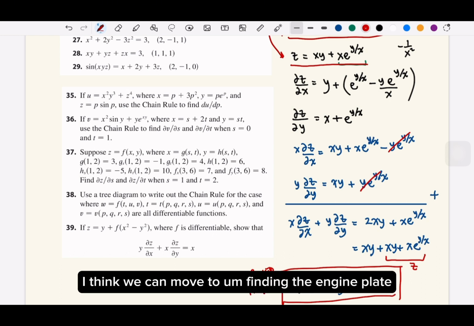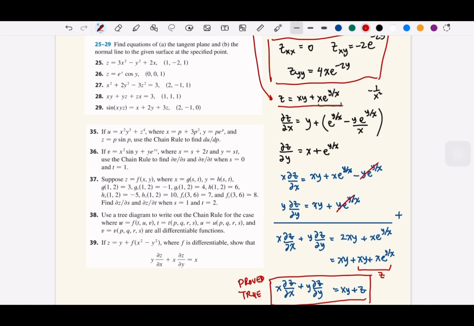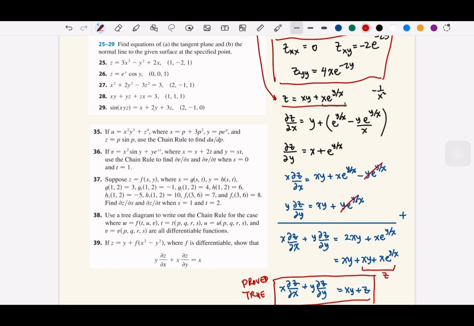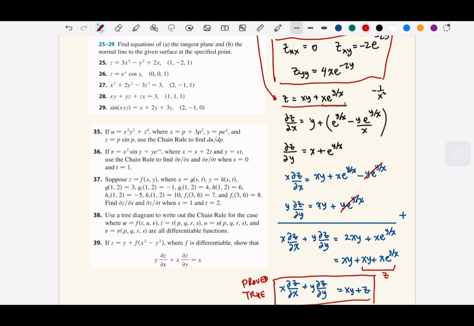I think we can move to finding the tangent plane. I will move to another page because it's too much writing.